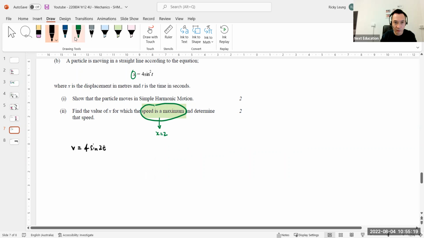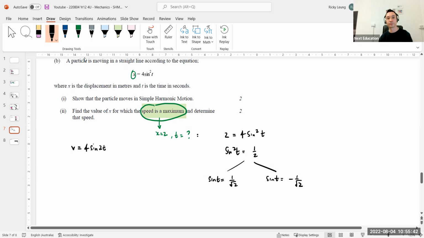So when x equals 2, t equals question mark. Going to start there, sub that in. 2 equals 4 sine squared t, divided over, sine squared t equals 1/2, square rooted, right? So then sine t equals positive 1/√2 and sine t equals negative 1/√2.